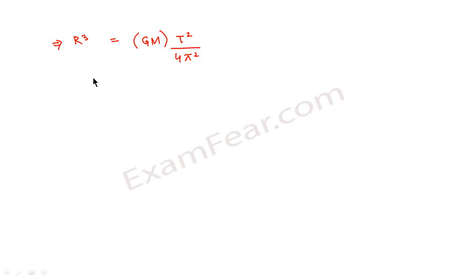We also know that acceleration due to gravity, that is g, is equal to GM divided by re square. Right? So instead of GM, we can replace it with small g into re square.